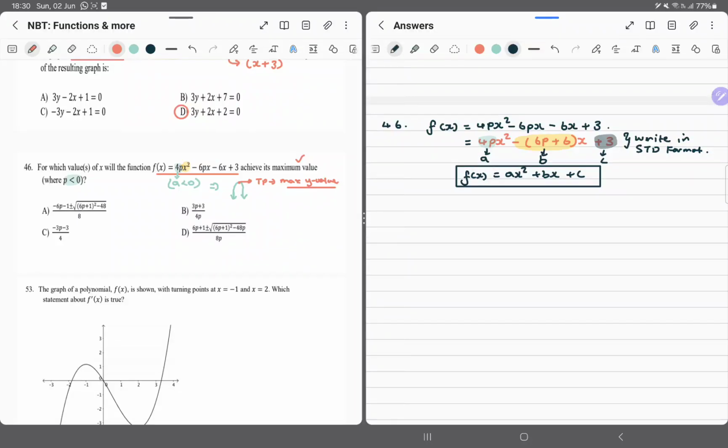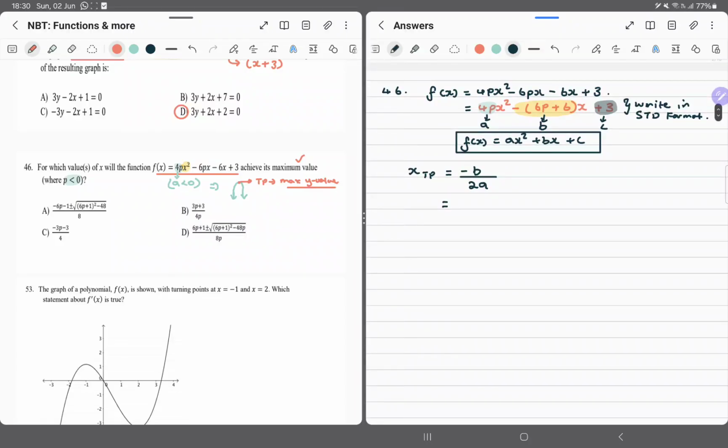That is the key action, because we need to get it into standard format. Why? Because look, we are looking for the x value for which this graph reaches the maximum. And that x value is basically the axis of symmetry, or the x coordinate at the turning point. So let's see, x at the turning point, because that's the one that gives us the maximum value, is going to be minus b over 2a.